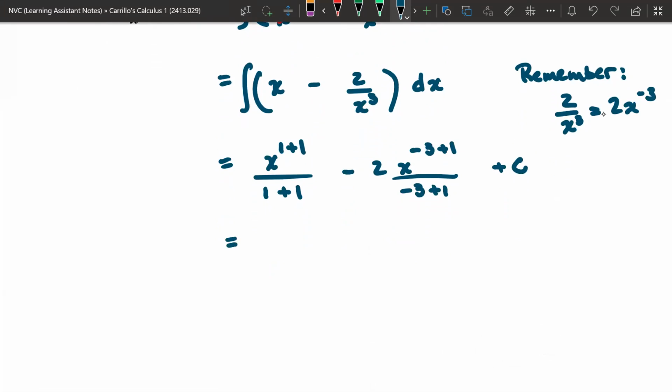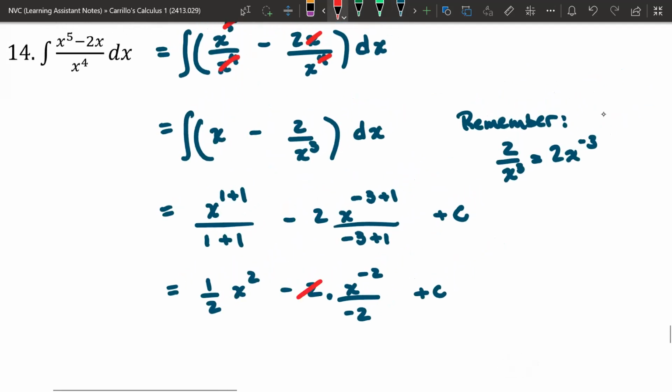So my first term is going to simplify to 1/2 x squared minus 2 times x to the -2 over -2 plus c. And then we have a -2 being divided by a -2, so these will reduce.